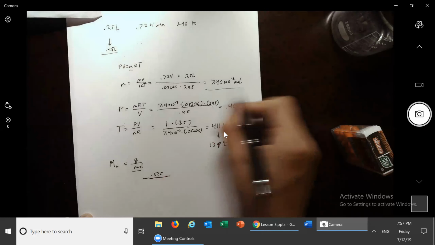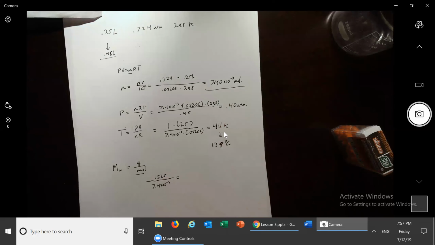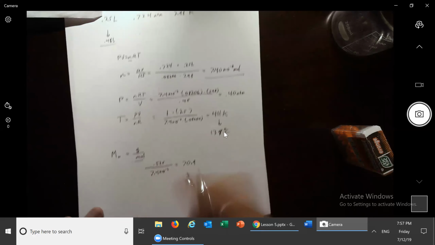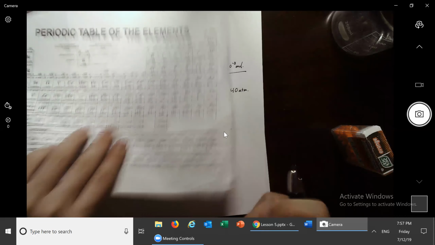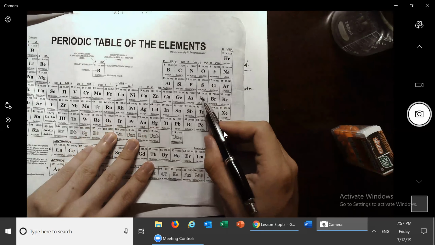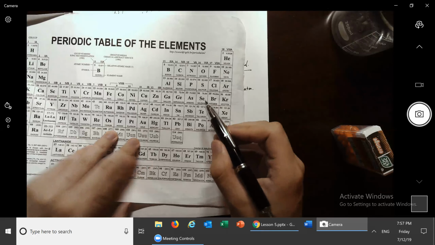This equals 70.9. So now we have the molar mass: 70.9 grams per mole. We look at the periodic table and see if there's anything that looks like that. There's nothing, so it looks like we've messed up, but we haven't.